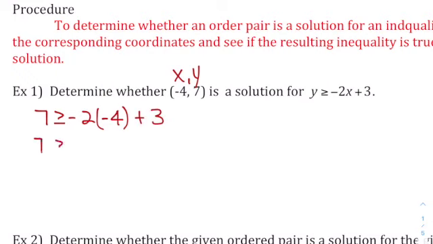So 7 greater than or equal to -2 times -4, which is positive 8. Negative becomes positive, plus 3. It's 7 greater than or equal to 11.